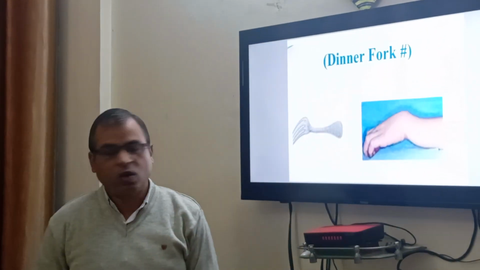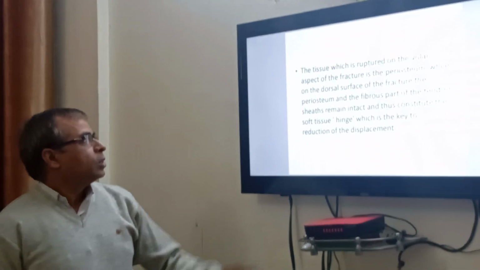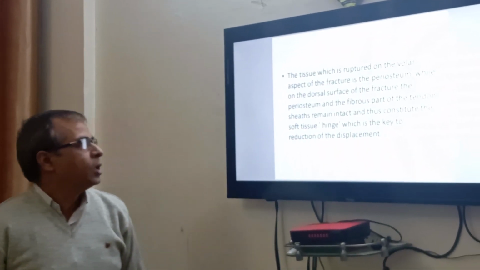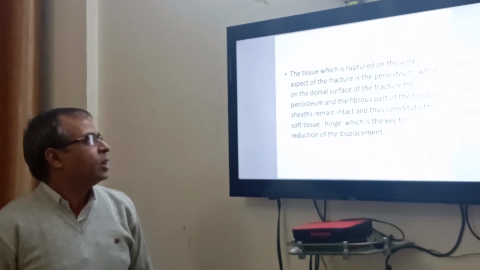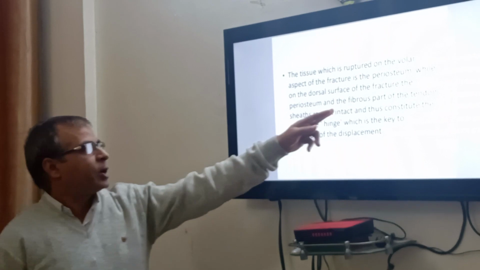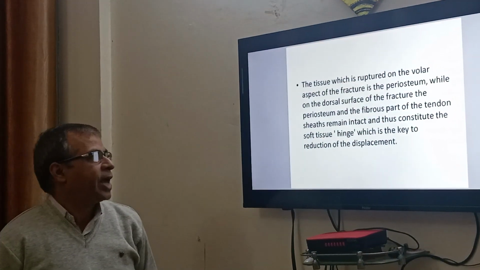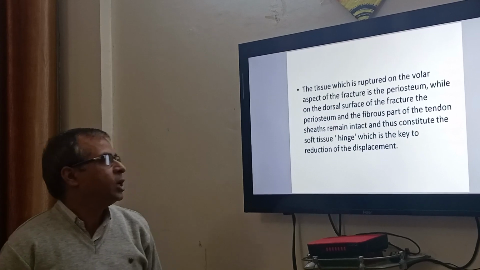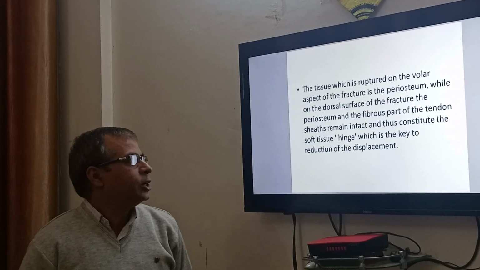The tissue which is ruptured on the volar aspect of the fracture is the periosteum, while on the dorsal surface of the fracture the periosteum and the fibrous part of the tendon sheath remain intact, and thus constitute the soft tissue hinge, which is the key to reduction of the displacement.